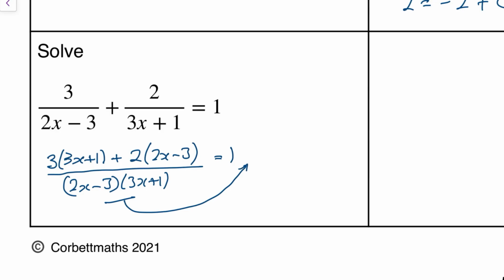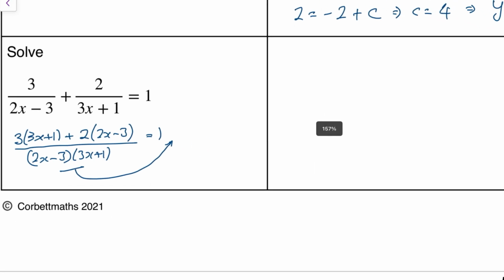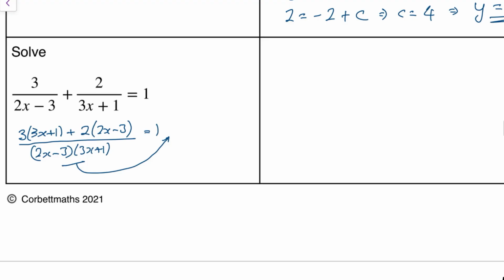So actually, I'm going to go over to here because I'm going to have a bit more space. If you're comfortable, I can do this in one go. Now, I'm also going to expand the numerator just because I don't have a lot of space to do this. So 3 times 3x is 9x plus 3 plus 4x minus 6 is equal to 2x minus 3, 3x plus 1.